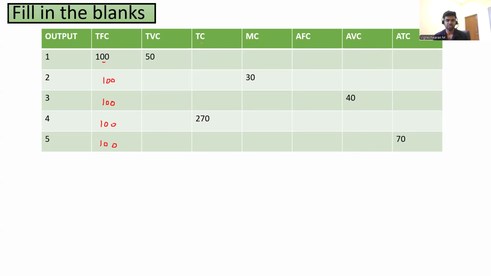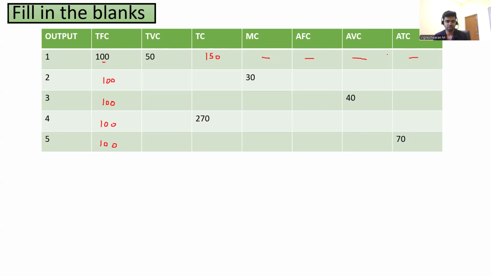Now total cost is nothing but total fixed cost plus variable cost. So here it will be 150. Then what is the marginal cost? See, for this, there won't be any value in the first row, right? For average and marginal values, there won't be anything in the first column. No. There will be values.